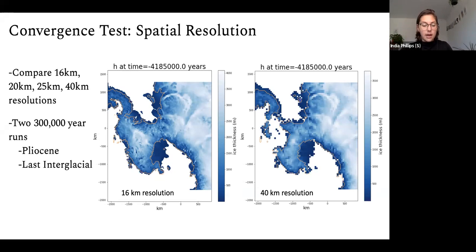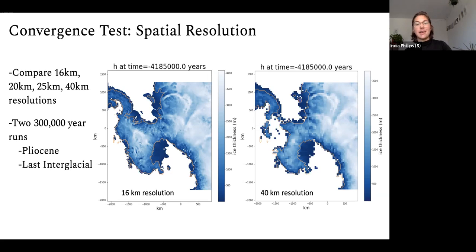If you remember what Abby was talking about with computational cost of a model, any model that has higher resolution, so that would be these lower numbers, like 16 kilometers, which is still really, really coarse resolution, is going to be very computationally expensive. And so that's harder to run over longer timescales or with certain parameters.